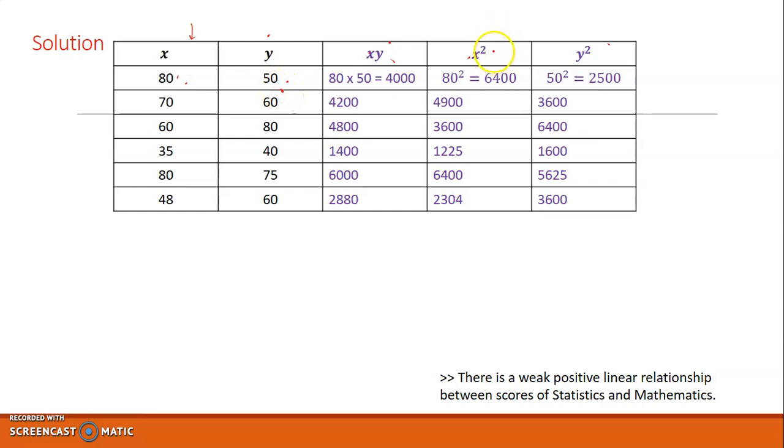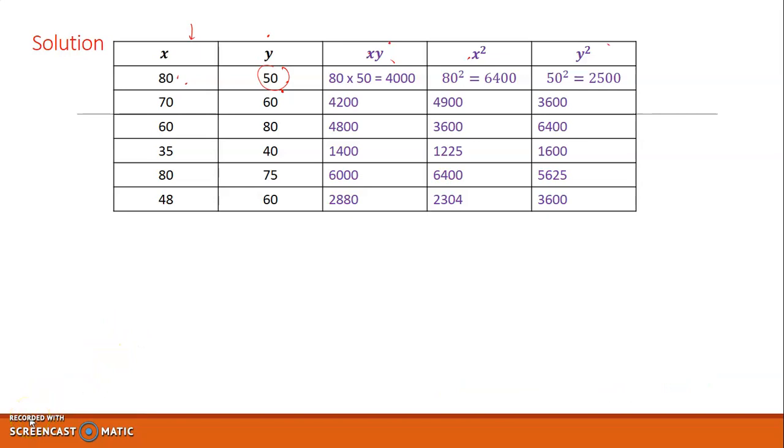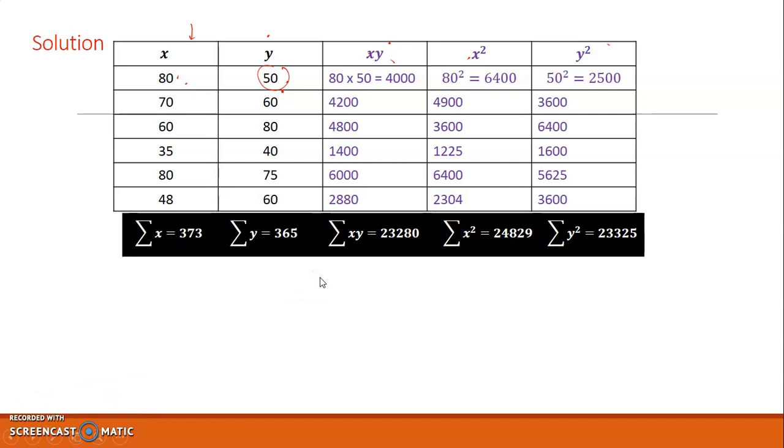Then for x square, you just square the value of x, for example, 80 square. For y square, you square the y, for example, 50 square. After that, find the sum, the total, for every column.